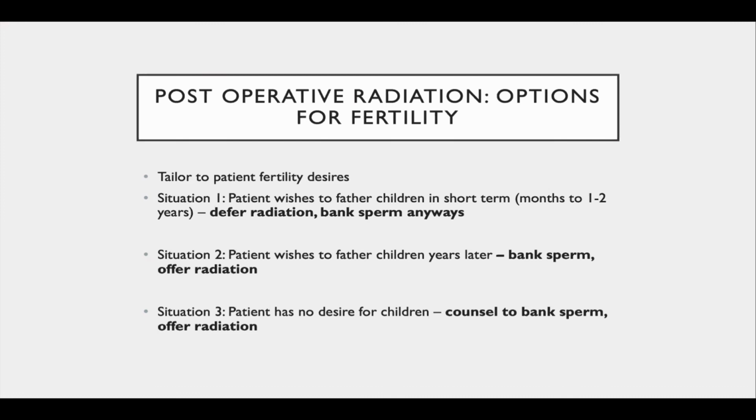What's important is to counsel that third-scenario patient to bank sperm, even if they say they have no desire for children, and document that you offered it if they decline. Because we've had many men coming back 10, 20 years after they've had some type of treatment that's led to them being infertile, who really regret their decision to not bank sperm. And for the guys who do, we have a fantastic solution moving forward from a fertility perspective.